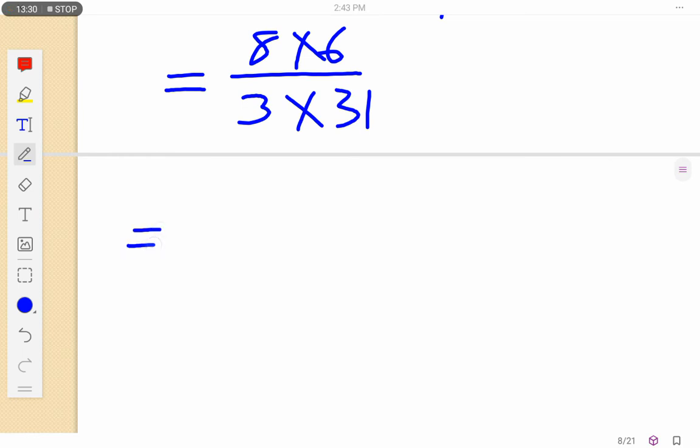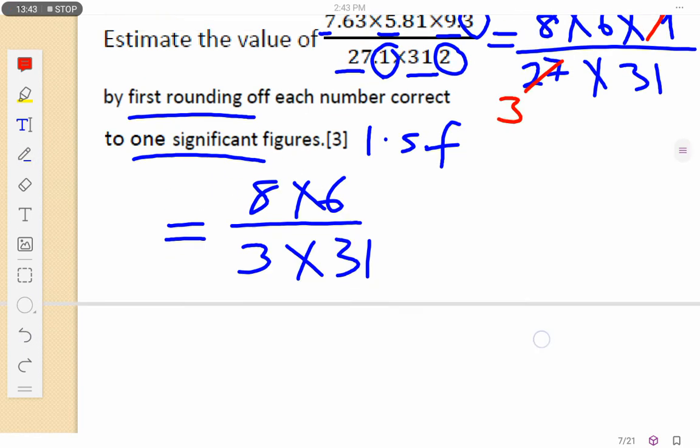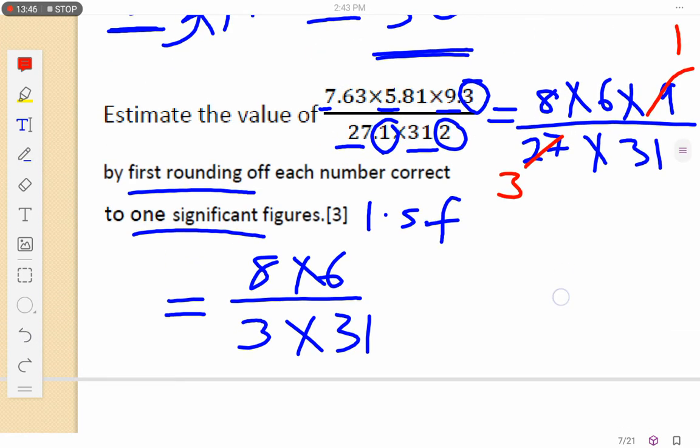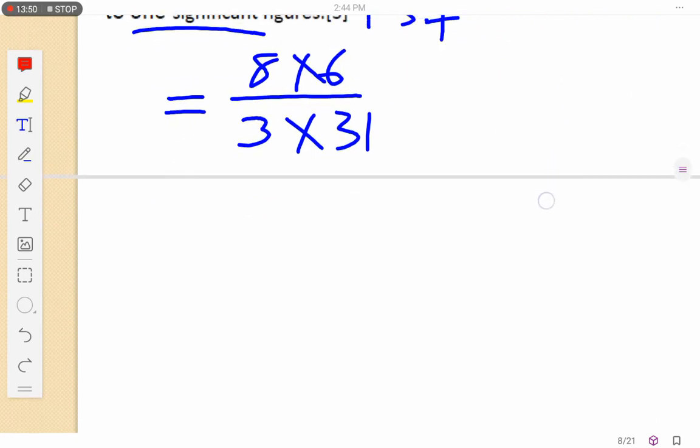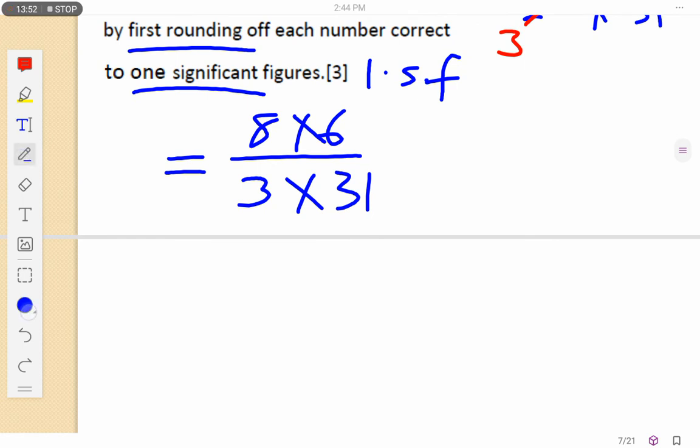I can get 16. Sorry, let me do that again. I think I missed something there. Let me go back. Okay, fine. That's fine. That's correct.